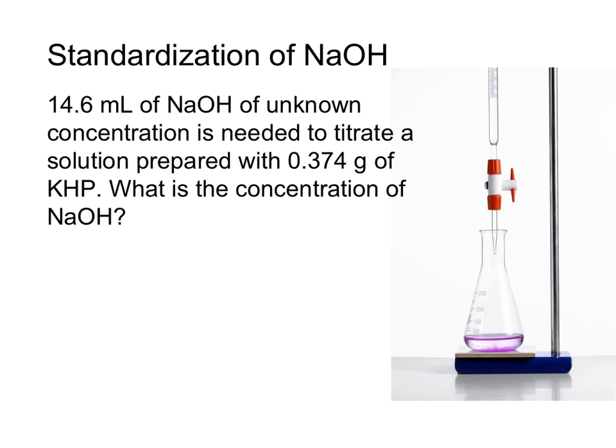Now once again, remember the key to a titration is at that endpoint, our moles of NaOH are going to be equal to our moles of KHP. So the first thing that we want to do is calculate how many moles of KHP were initially present in our flask. And we can simply do that using our molar mass of KHP.